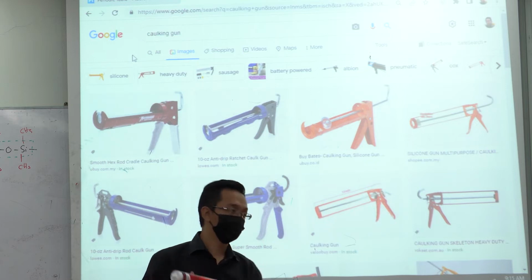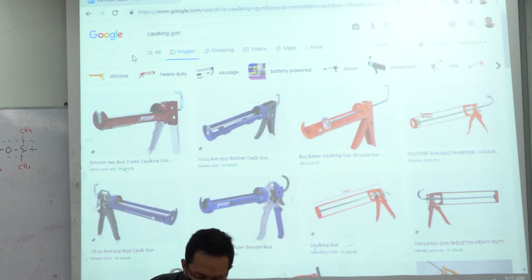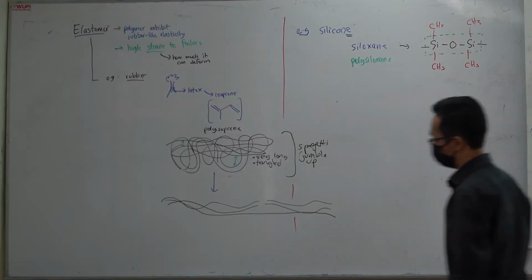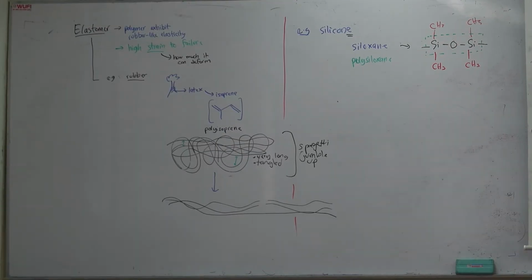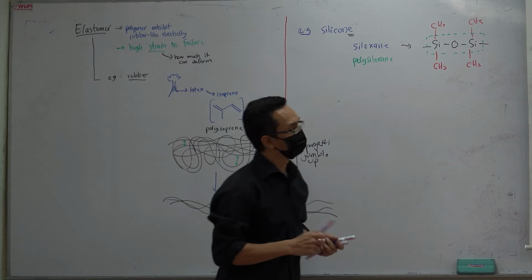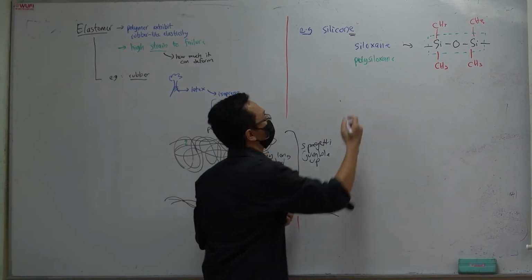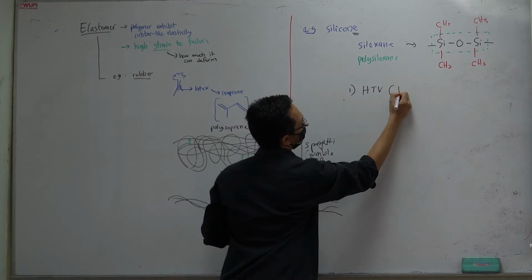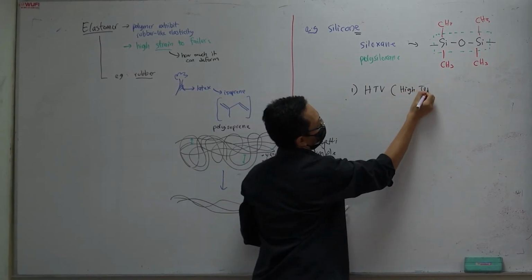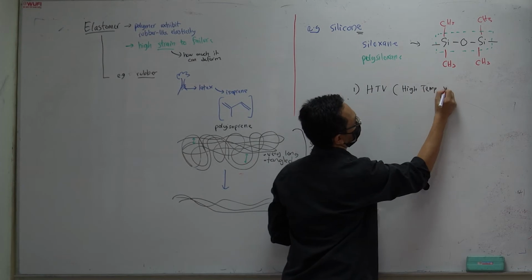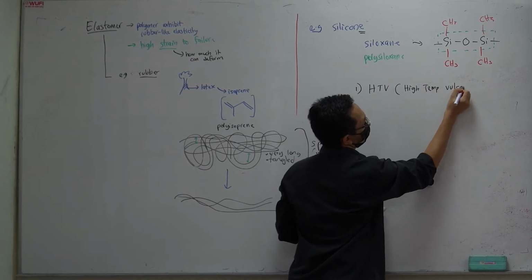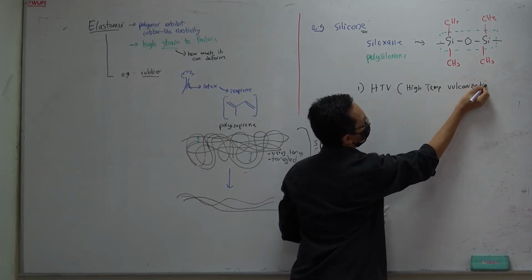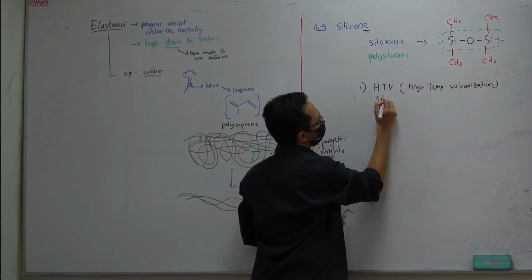Let's look first at what RTV is. There are a few types of silicone. Typically there are three major silicone types. The first one is HTV, which is basically high temperature vulcanization silicone, HTV silicone.